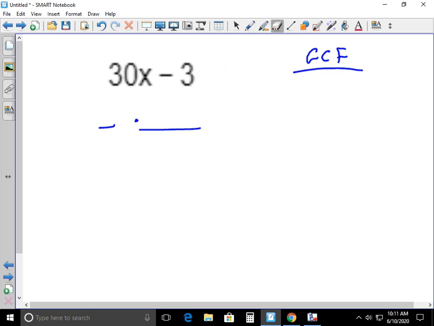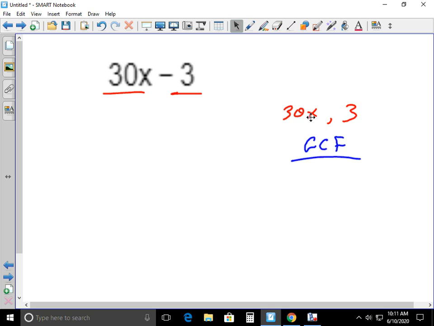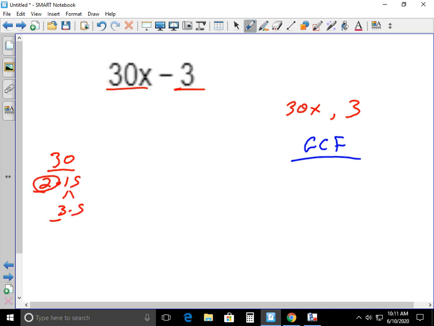So what is our greatest common factor? Well, first of all, how many terms do we have in this problem? We have 2 terms. We have something minus something. So we want to look at 30x and we want to look at 3 and find out what is the greatest common factor for those 2 terms. What is the biggest thing that those 2 terms have in common that's a factor? Well, we could write the prime factorization of 30. 2 goes into 30 15 times. 15 is 3 times 5.